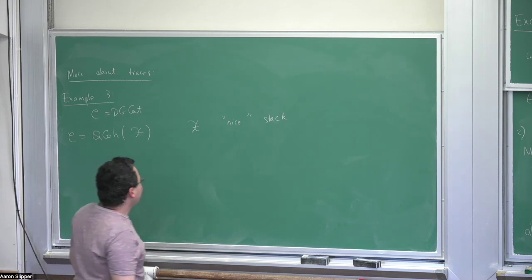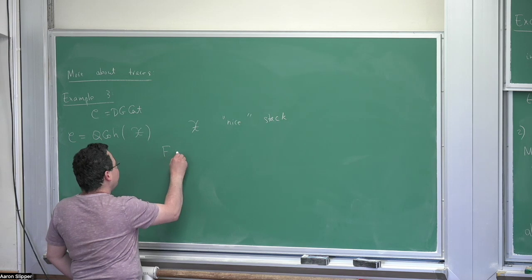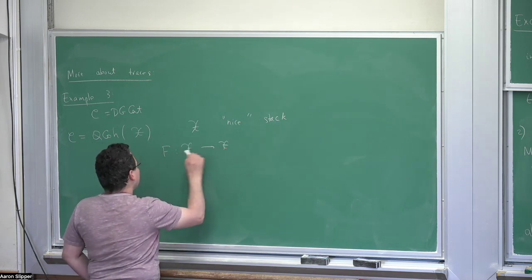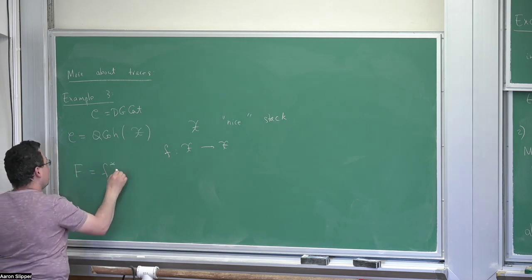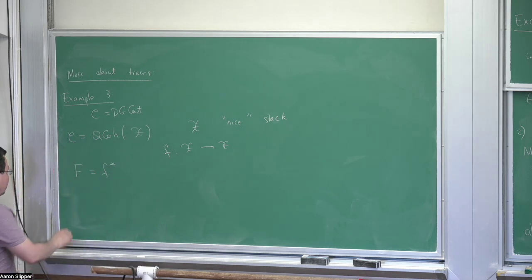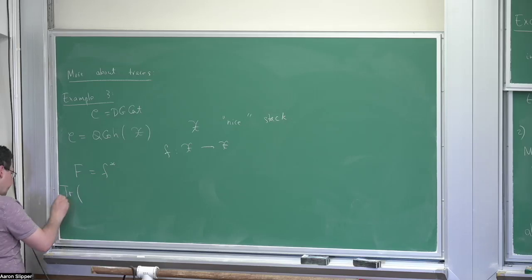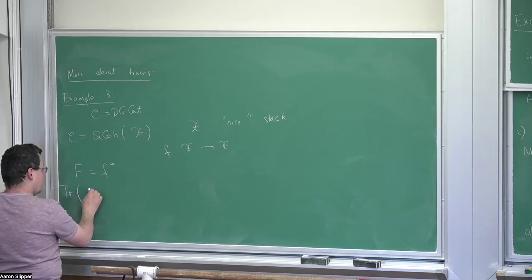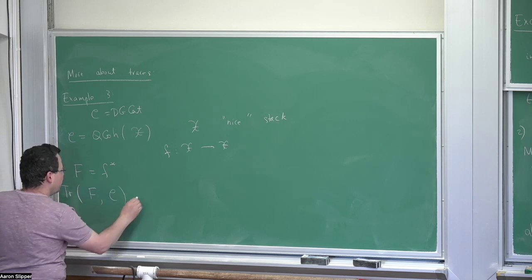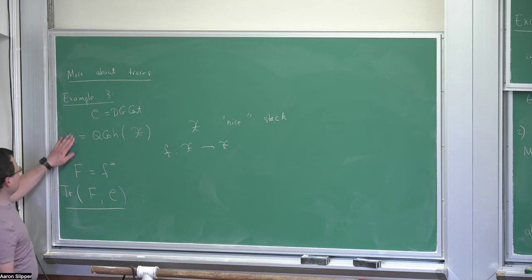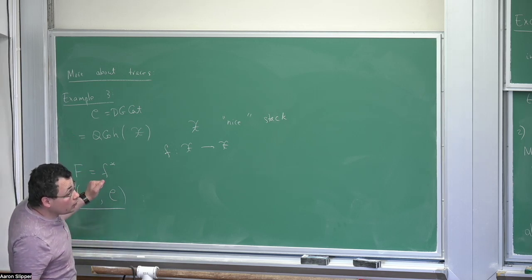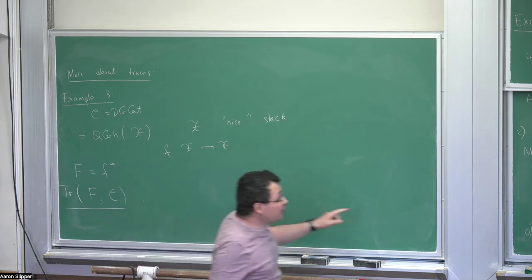So for X a sufficiently nice stack, suppose we have an endomorphism F of X. Let's calculate the trace of capital F acting on C. It's the calculation I have to do now.